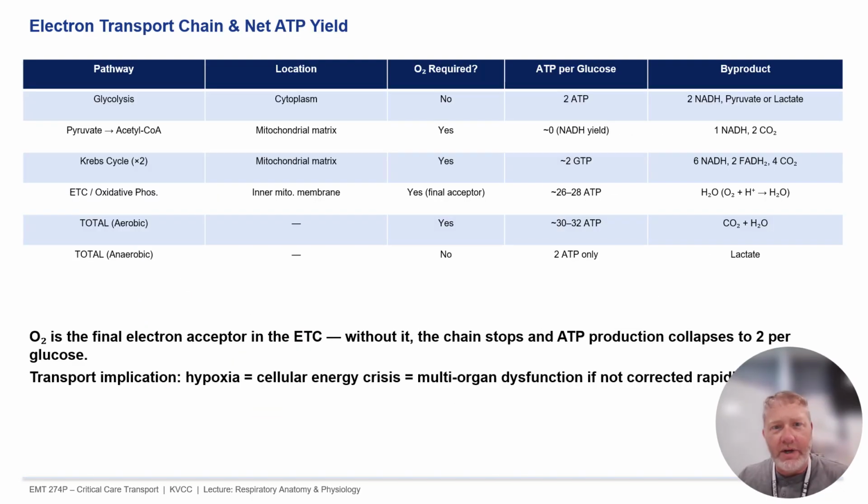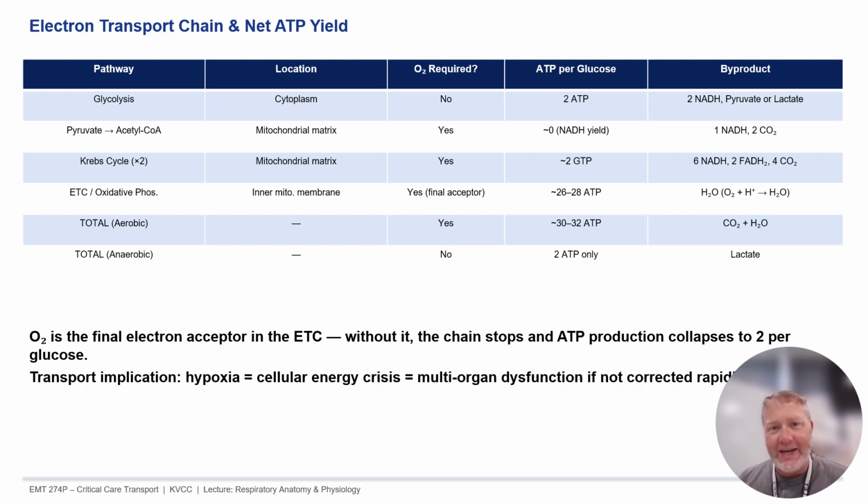The electron transport chain is where most ATP is actually produced and where oxygen plays its essential, irreplaceable role. The NADH and the FADH2 from glycolysis and the Krebs cycle donate their electrons to a series of protein complexes that are embedded in the inner mitochondrial membranes of the cells.